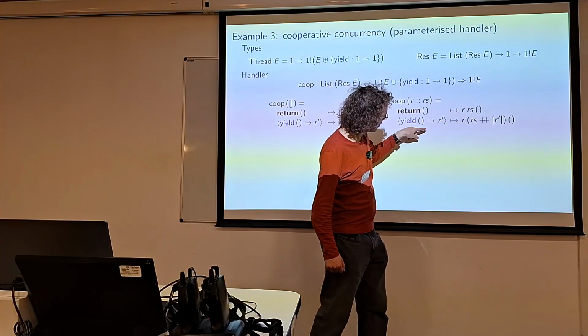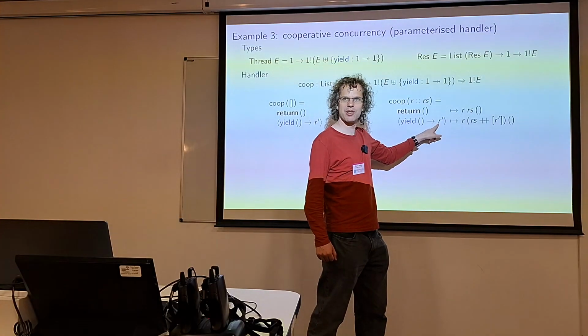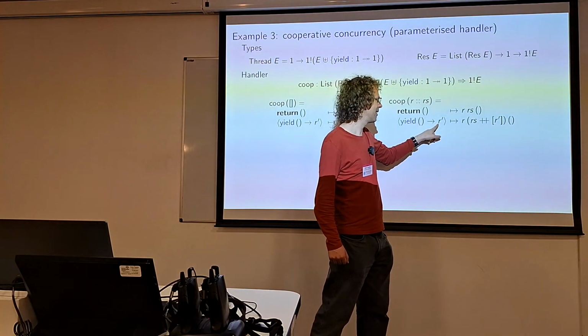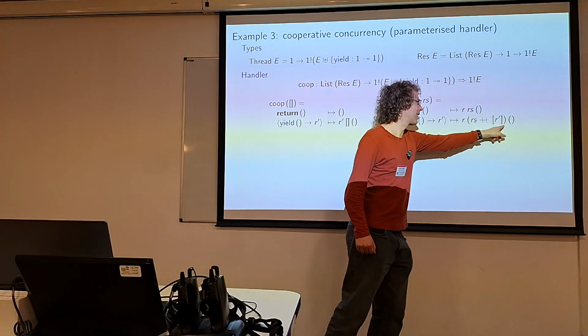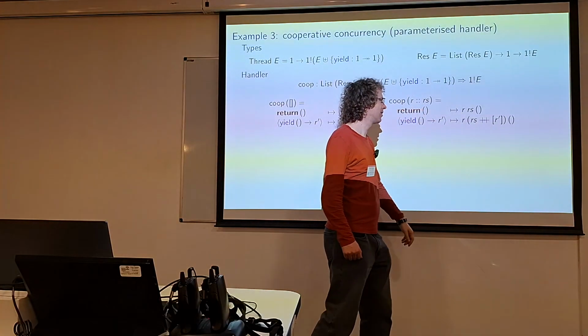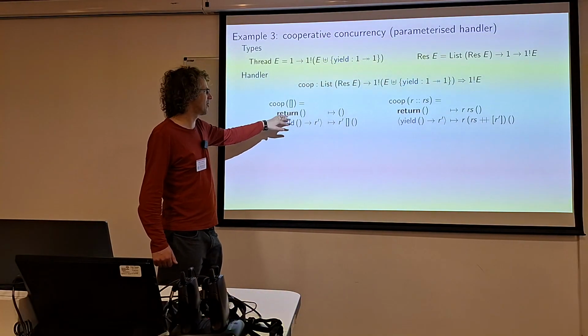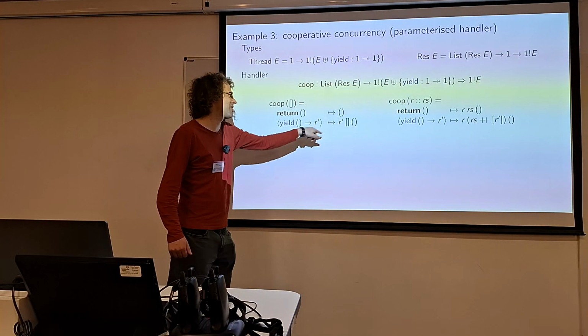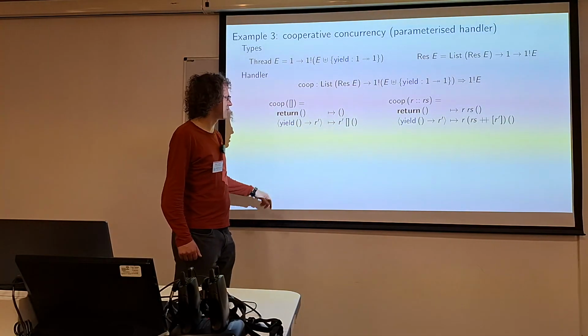But if we come across a yield, this R prime is the resumption of the current thread. We again run the next one, and we add the current one to that list. And then if there are no other ones, then you just keep on running the current one because there's nothing else to switch to.